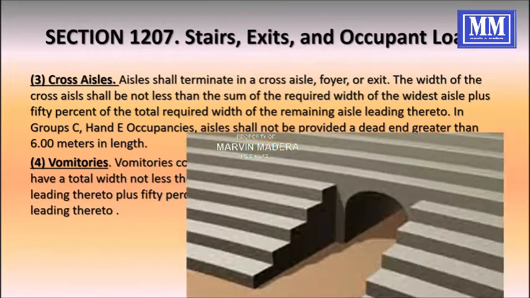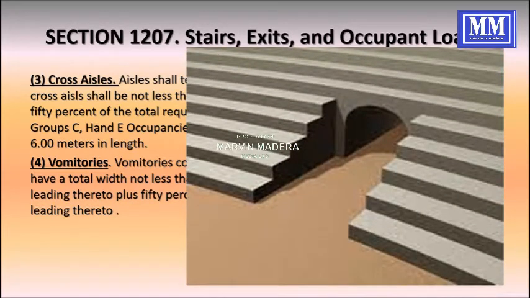So these vomitories are a passageway of people under the stage or in the grandstands. The main people or the main character of the stage or grandstands will go into this passageway. We call it the vomitories.